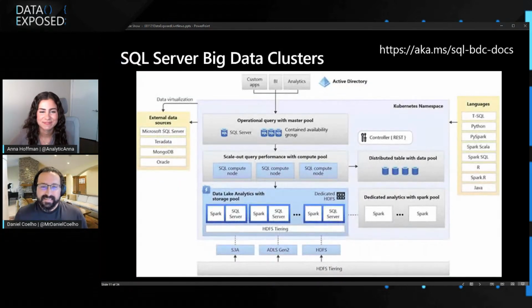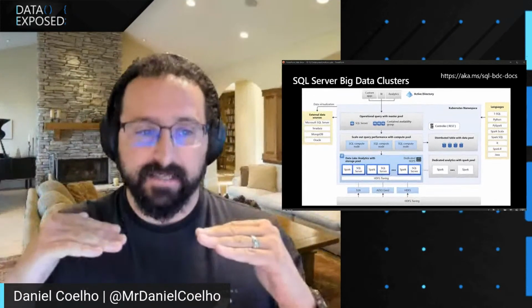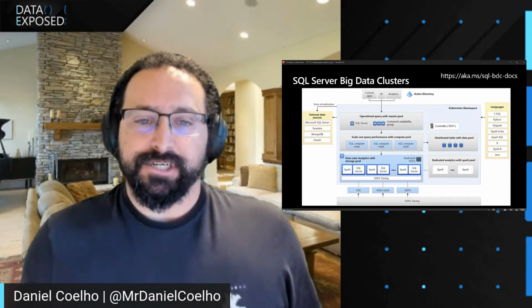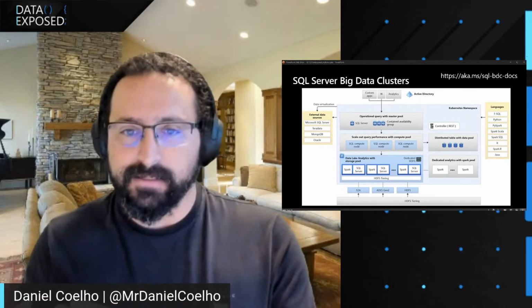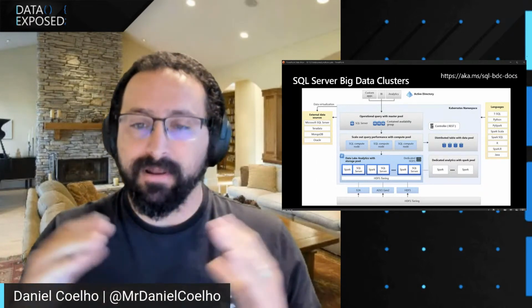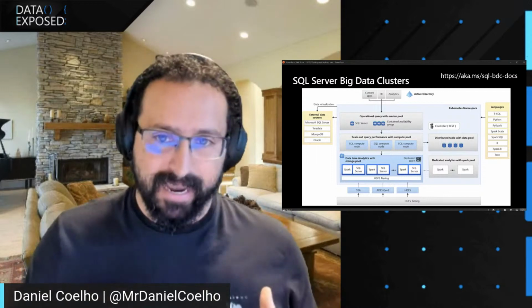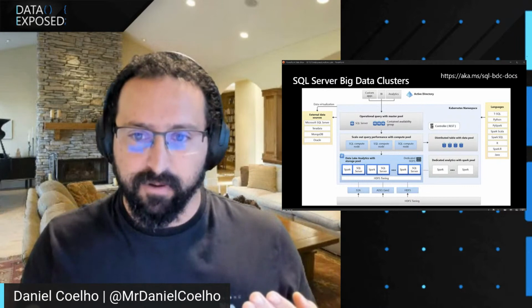Okay. So SQL Server Big Data Clusters allows you to deploy SQL Server, Spark, and HDFS components on top of Kubernetes. The big differentiator is that if you are on premises or in a hybrid cloud situation where the only thing you have is Kubernetes to perform analytics and transactional workloads, you can use SQL Server Big Data Cluster on top of the Kubernetes platform.